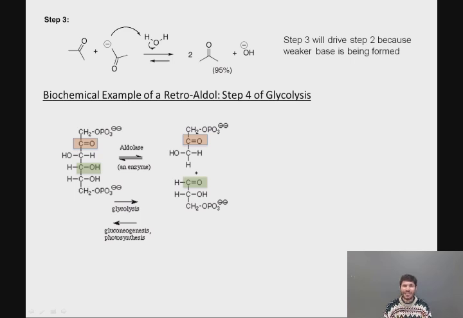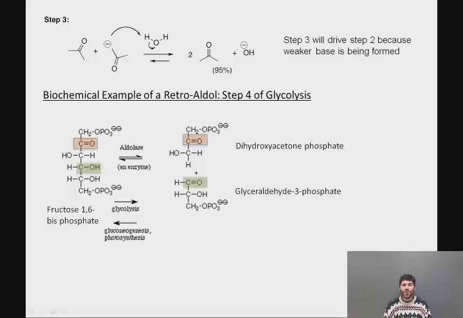And the reaction that does that is a retro aldol reaction. So specifically, fructose 1,6-bisphosphate is the substrate for this reaction, and it gets broken apart, breaking the carbon-carbon bond into dihydroxyacetone phosphate and glyceraldehyde 3-phosphate.